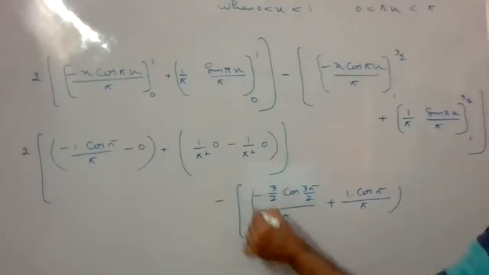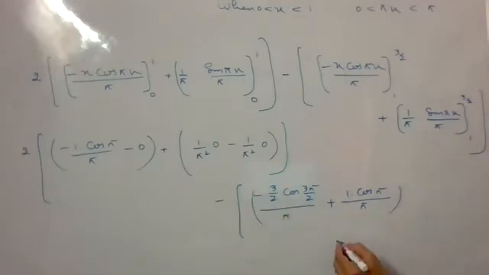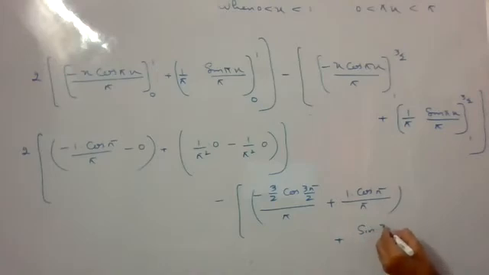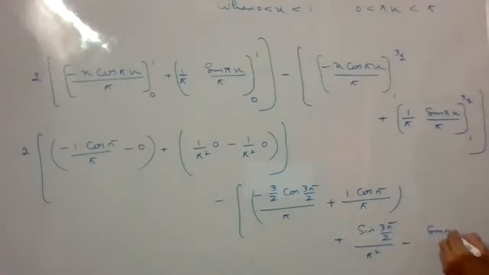This is the first part. Now we go for this, plus sin 3 pi by 2 by pi square minus sin of pi by pi square.